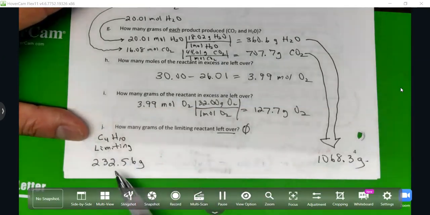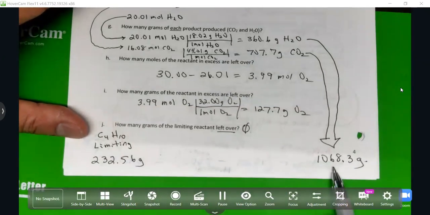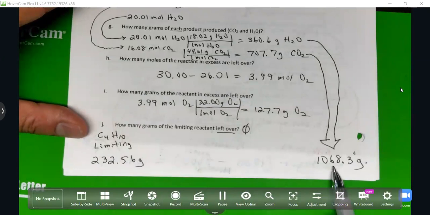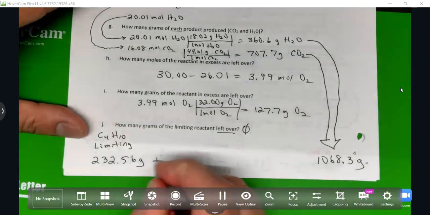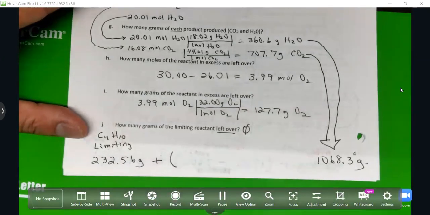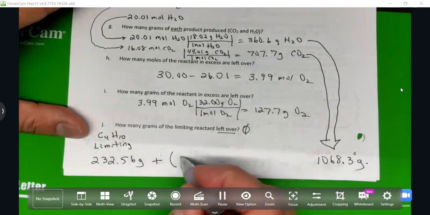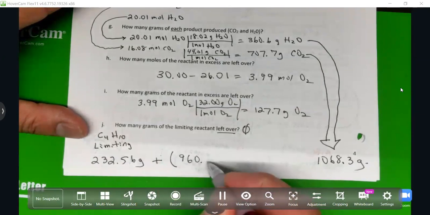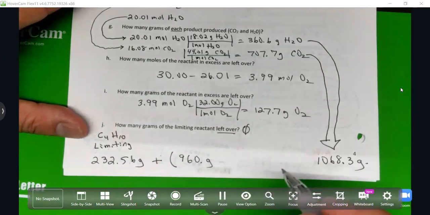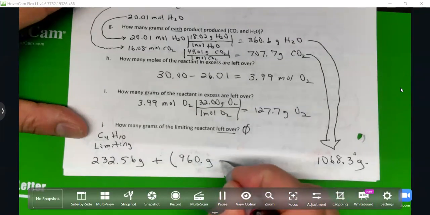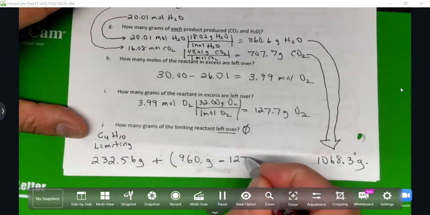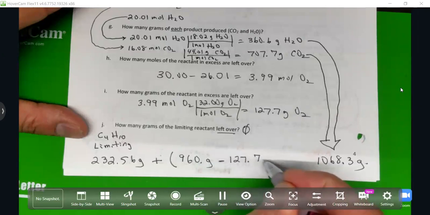So we know that goes into the 1,068.3 grams for sure. Now, plus the excess: we started with 960 grams, minus how many grams we had left over, which was 127.7 grams.